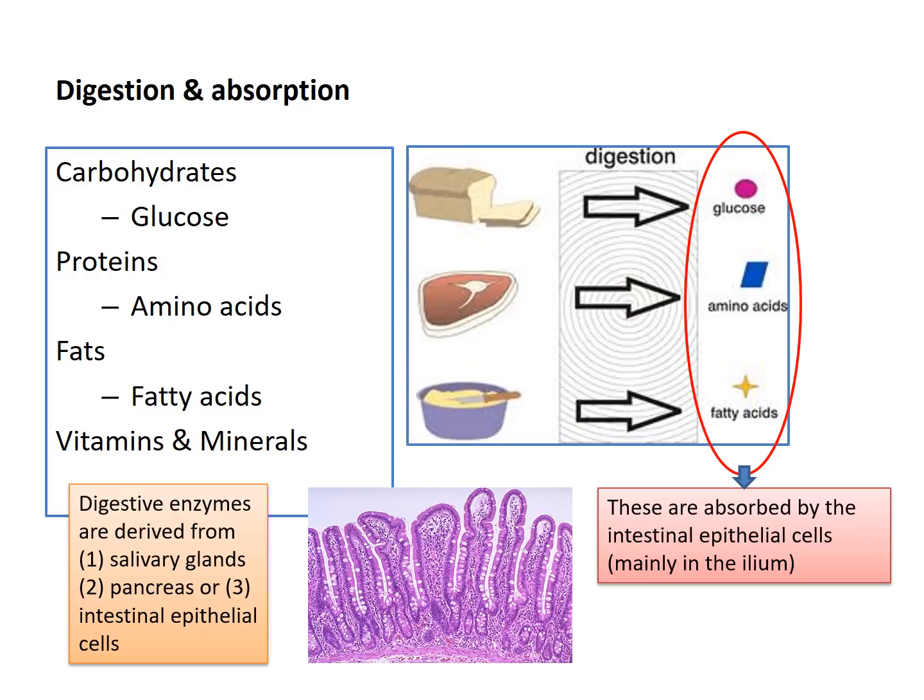And these microvilli increase the surface area, so we've got more surface area available to break down and absorb these nutrients. So we don't absorb big nutrients. We don't absorb big carbohydrates and big fats and big proteins. We got to break those down chemically into small molecules such as glucose, amino acids, and the small fatty acids.